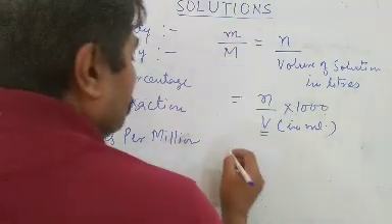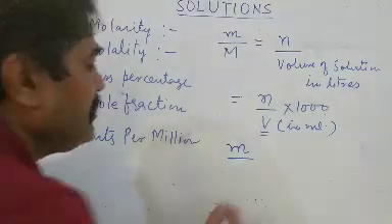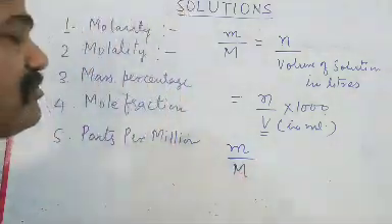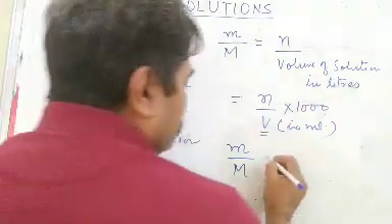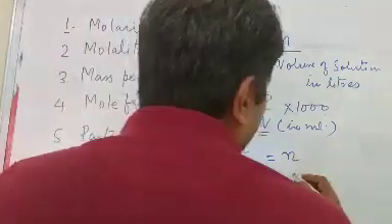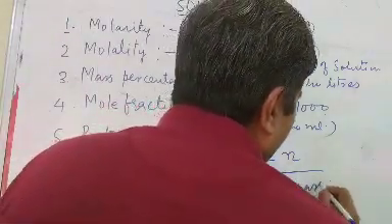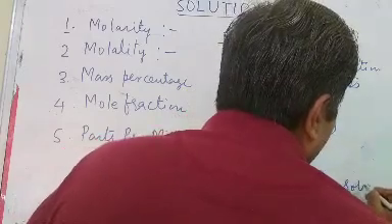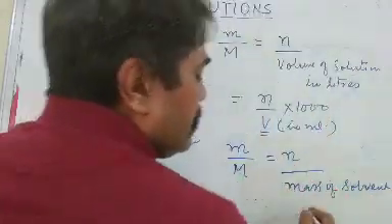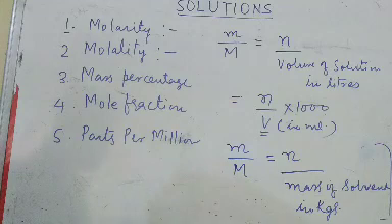In the same way, suppose m is the mass given and M is the molecular mass of the solute. This gives us the number of moles of the solute, but in the denominator we take the mass of the solvent, which is to be taken in kilograms. This ratio will be called the molality.